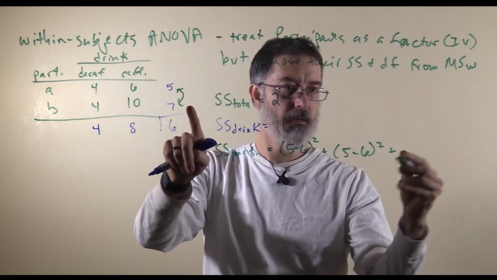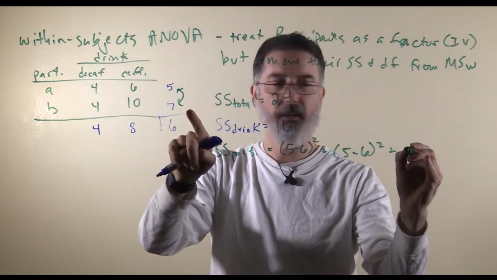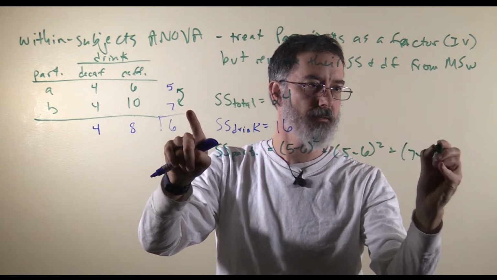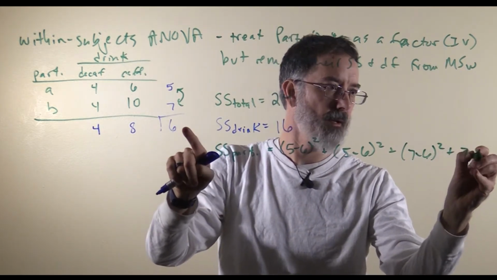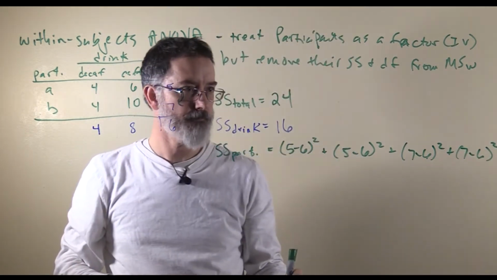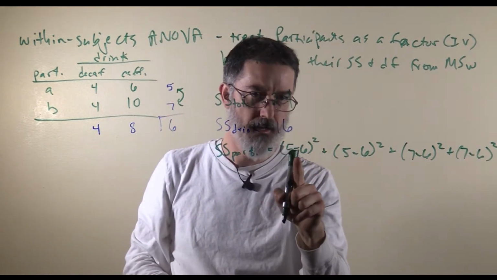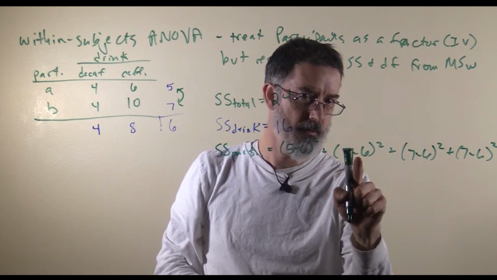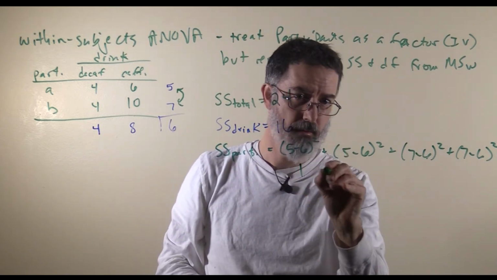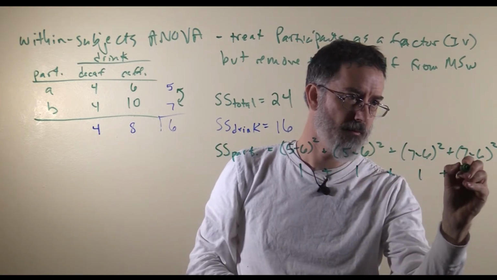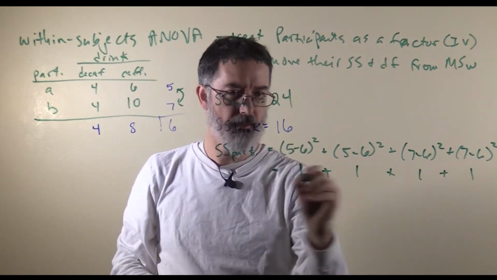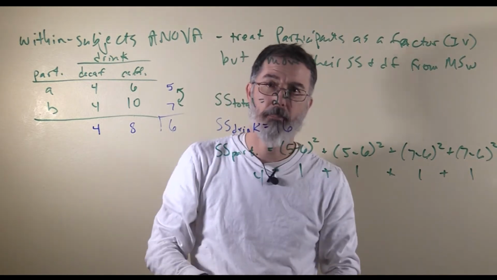Okay, so for person B, 7 minus 6 squared plus 7 minus 6 again squared. All right, so negative 1 squared is 1, negative 1 squared is 1, 1 squared is 1, 1 squared is 1. So these are all going to equal 4. So our sums of squares participant is going to be 4.